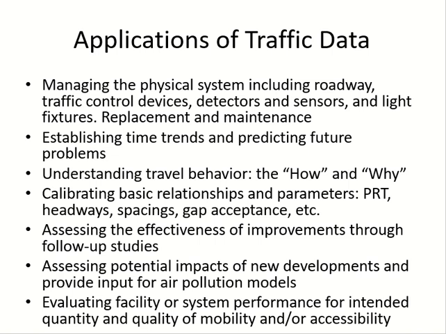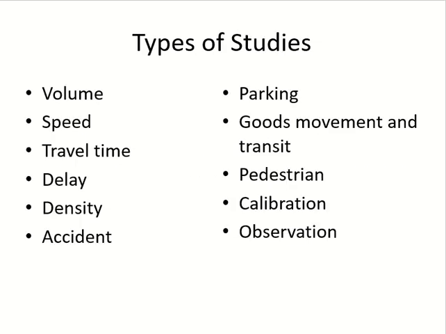This is part of the performance of the highway network. So to see where we are achieving the target and where we are not, where people are suffering and where they are not suffering, we need the traffic data.